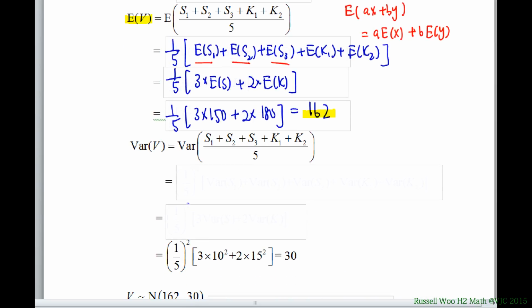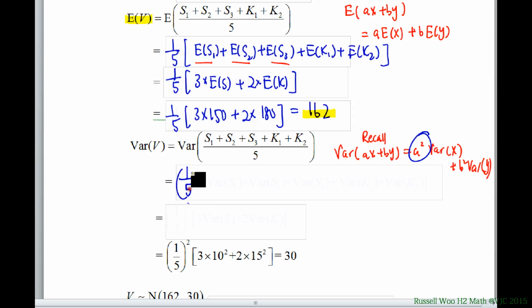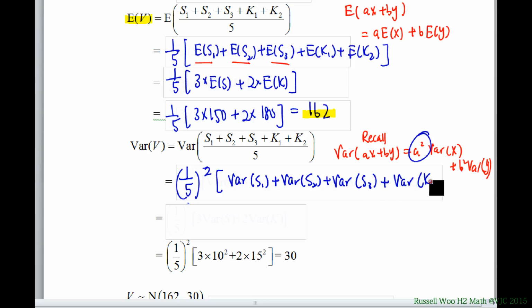Now variance, again, we also have to recall variance of aX plus bY equals a squared variance X plus b squared variance Y. So, what do we do? We cannot just factorize, because of the a squared, it must be 1/5 to the power of 2. Then it is variance S1 plus variance S2 plus variance S3 plus variance K1 plus variance K2, close bracket.